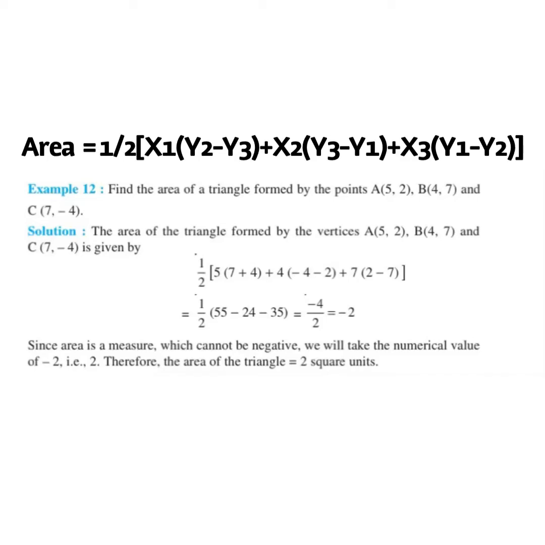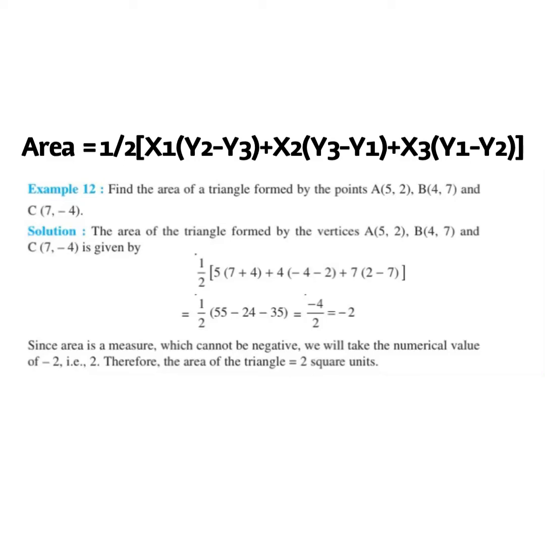So let us substitute the values in the formula. We will get half into 5 into (7 plus 4) plus 4 into (minus 4 minus 2) plus 7 into (2 minus 7). Now 7 plus 4 is 11, minus 4 minus 2 is minus 6 and 2 minus 7 is minus 5.